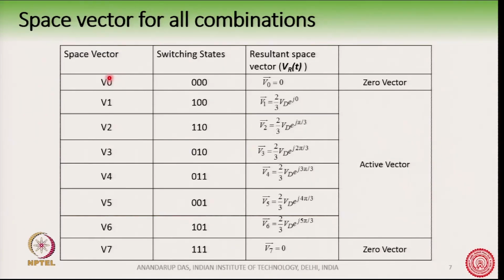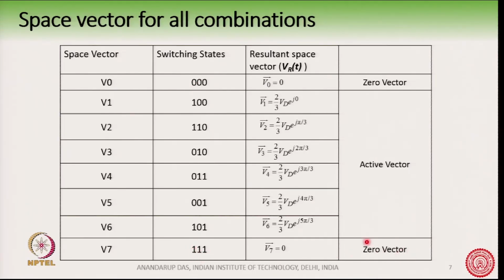So for these 8 switching states, we find that there are 2 combinations, 0 0 0 and 1 1 1, which produce the resultant space vector as 0, and so they are termed as zero vectors. The resultant load phase voltage space vector has 0 magnitude for these 2 switching states.